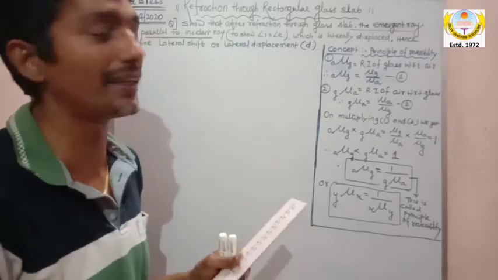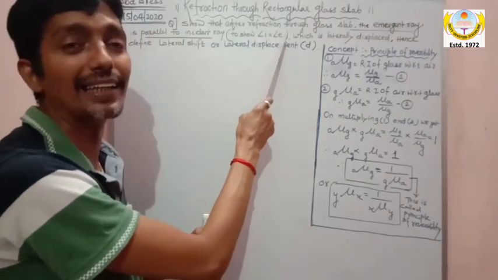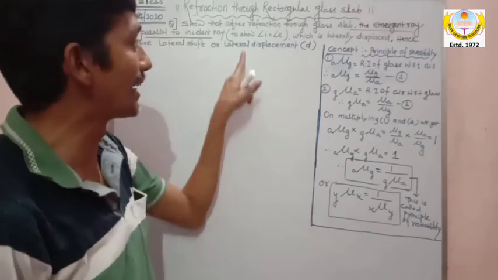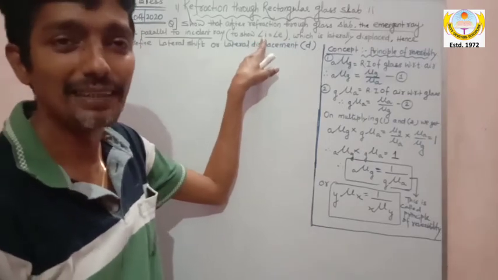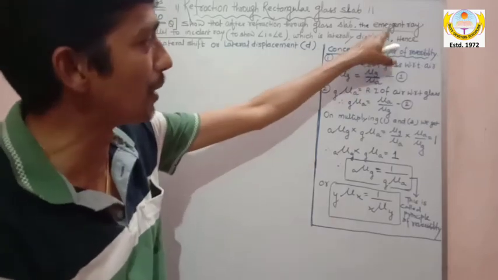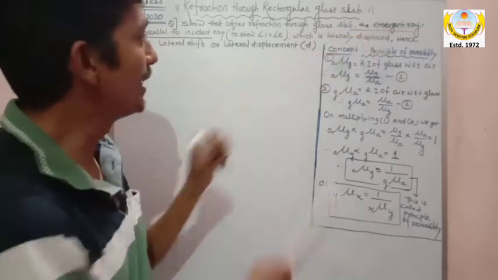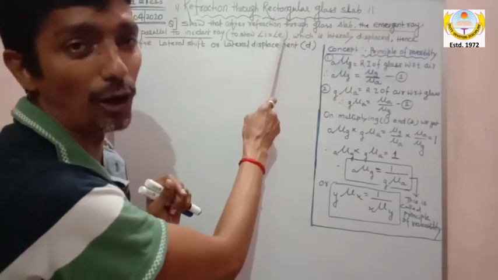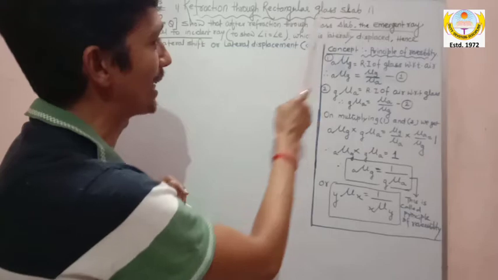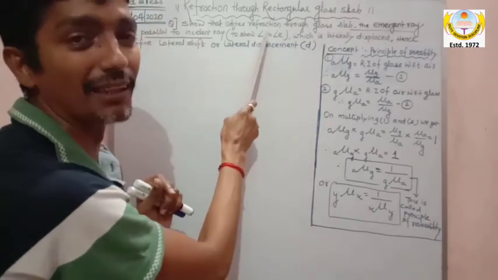For that reason, my dear, I have written in the bracket: show angle i and angle e are equal. Angle i means the incident angle and angle e is the emergent angle. The emergent ray makes the emergent angle with the normal, and the incident ray makes the incident angle with the normal.